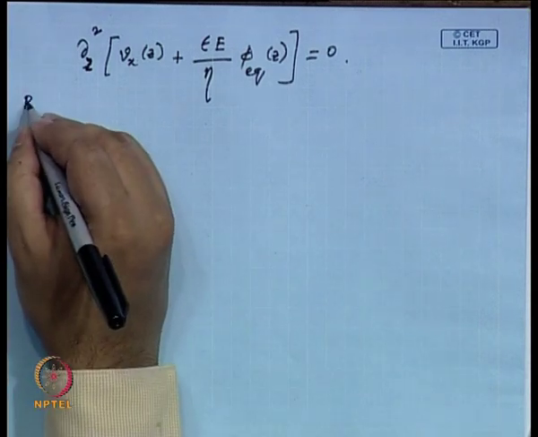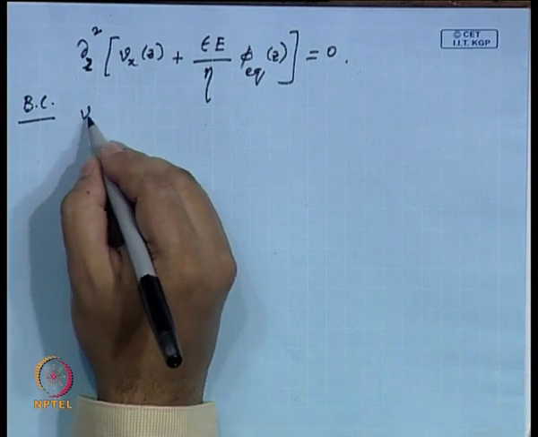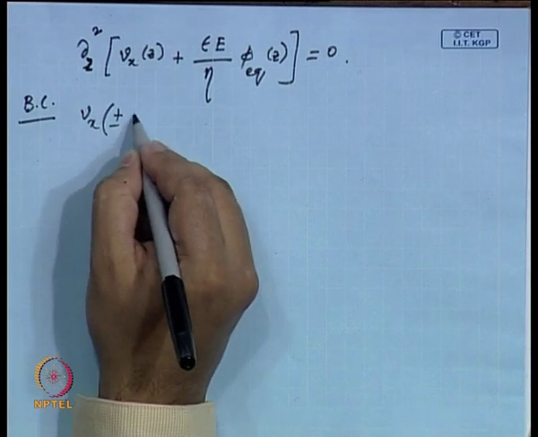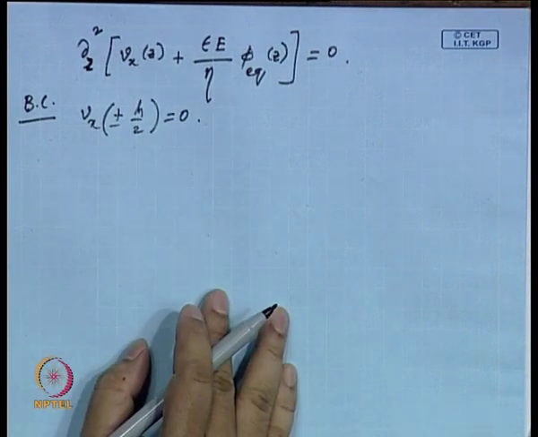And you know the boundary condition here. Boundary condition here is that V x at plus minus h by 2 is equal to 0, because we assumed that at the wall, whether it is the upper wall or the lower wall, the Stern layer is existing. So, it is all adsorbed and there is no velocity, it is firmly attached to the wall.